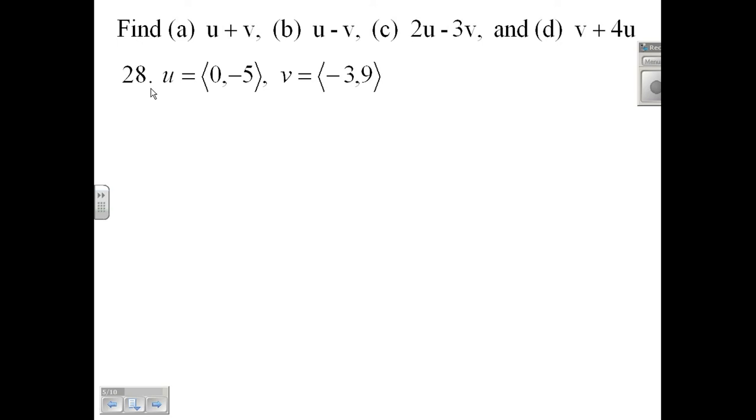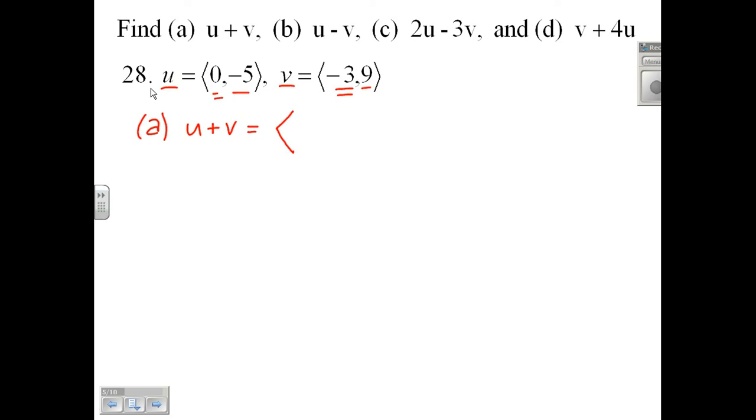Okay. More real straightforwardness here. We have u and v defined. U is a vector that doesn't slide things to the right or left at all, but then slides them down 5. V is a vector that slides things to the left 3 and then up 9. And if you just had to guess what the vector u plus v would look like, now our book has a page devoted to this, you would probably say, well, it kind of makes sense if first I slide things to the right 0 and then I slide things to the left 3.